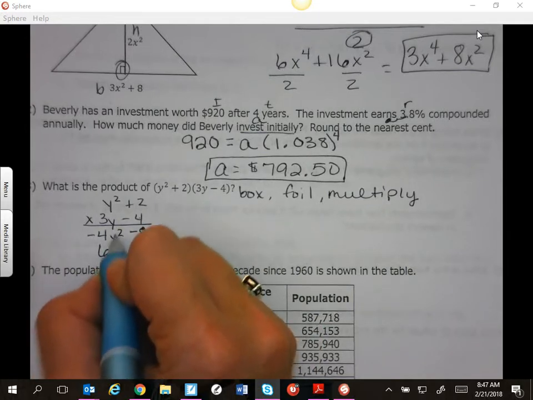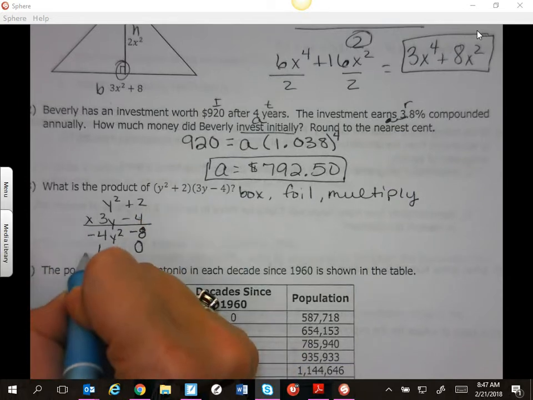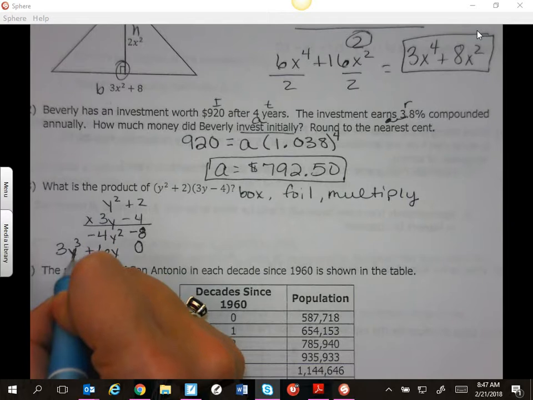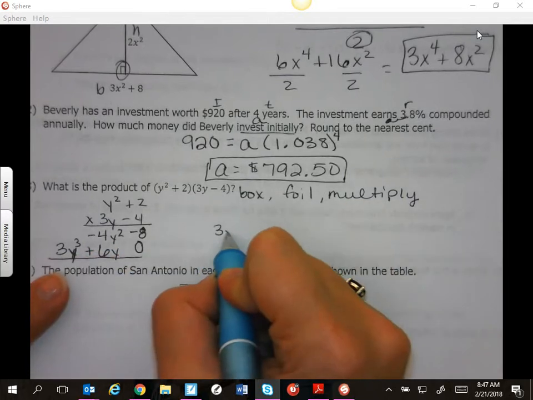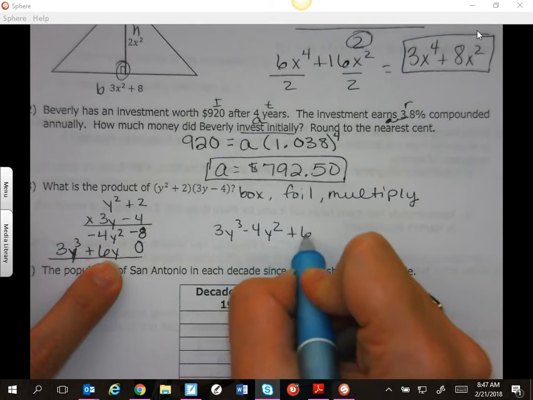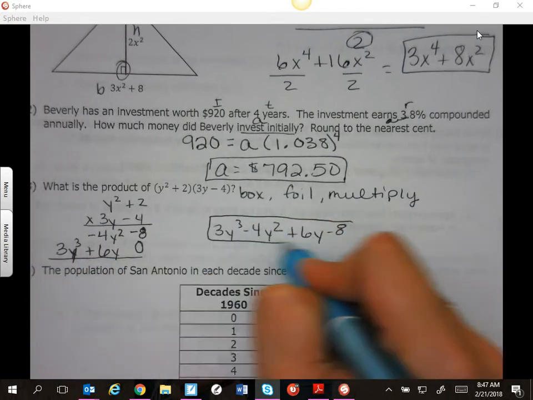Notice those don't connect because they don't match. 3y times y squared is going to be 3y cubed. So I have 3y cubed minus 4y squared plus 6y minus 8. And again, you can do that in any method you prefer.